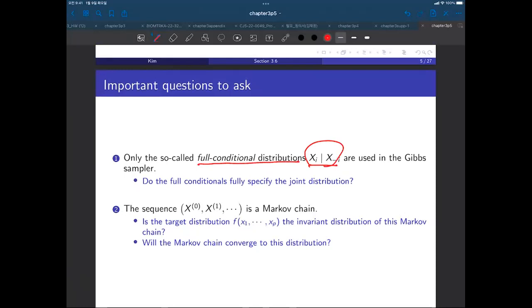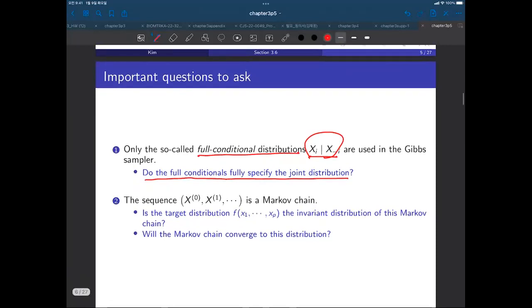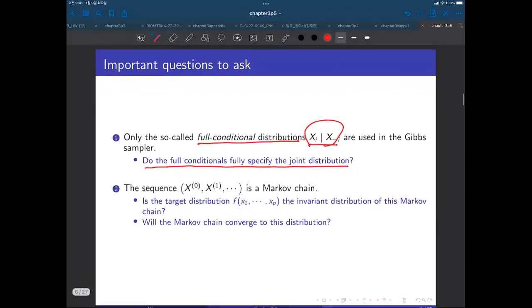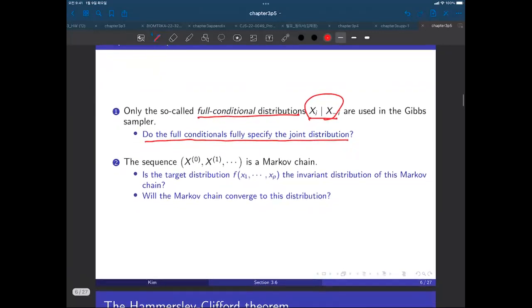So you may wonder, are you saying that the full conditionals determine the joint? That's not always true. So the question is, do the full conditionals fully specify the joint distribution? The answer is no, but sometimes yes, right? So the question is when we have the yes.